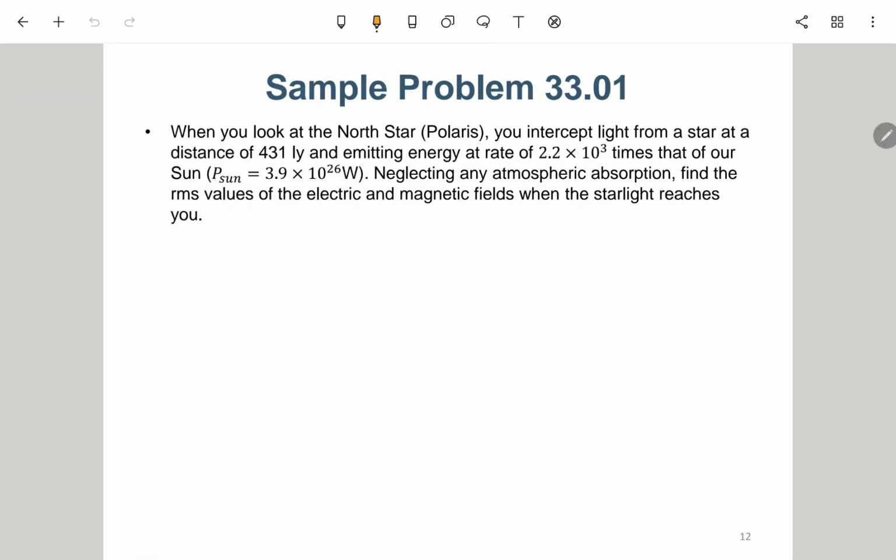So let's take a look at this. It says that when you look at the North Star, Polaris, 就是北极星, you intercept light from a star at a distance of 431 ly.